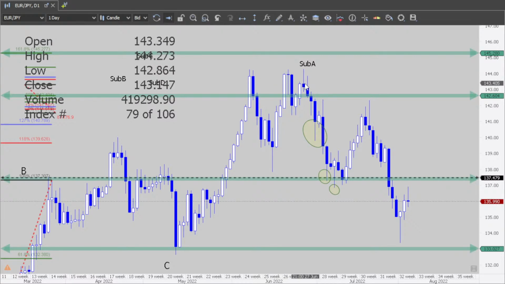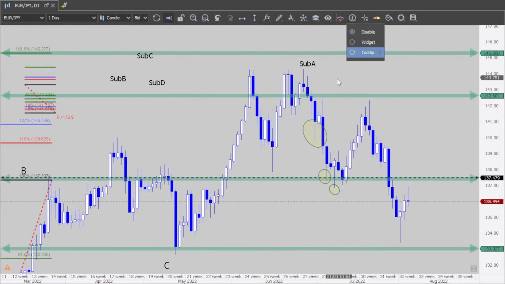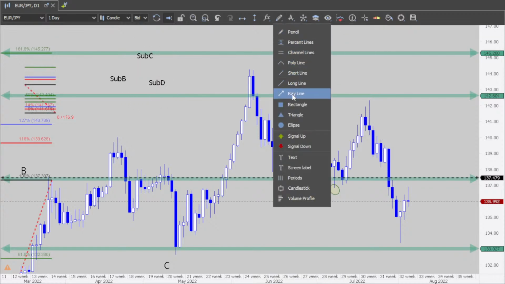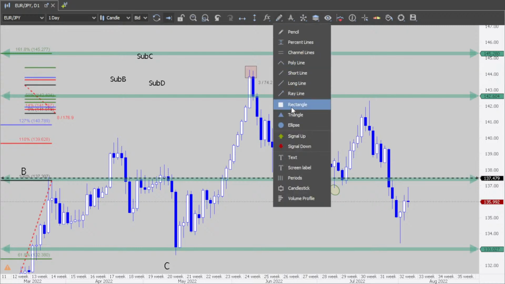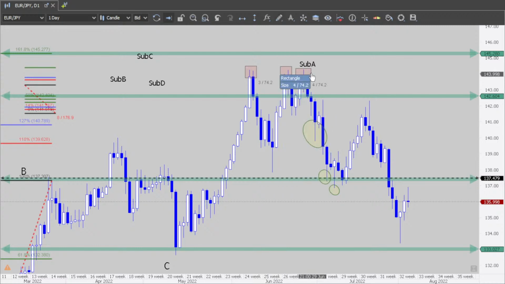So Queen, the fourth circle is the highest high, makes sense? I'm showing you the numbers. Look at the high on the left. 273, 242, 251. So this is the highest high. Okay, everybody? Between those three, the first rectangle and the second rectangle and the third is the highest high.